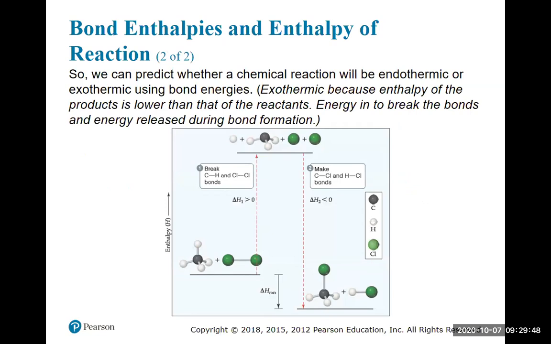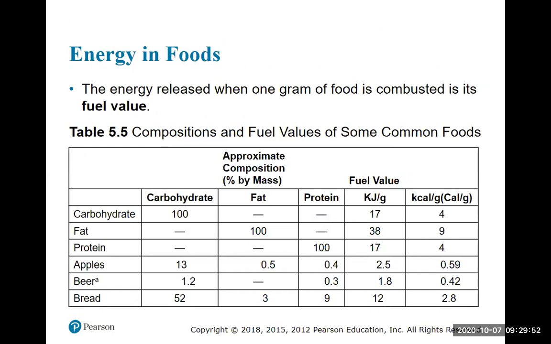So we could use this information to predict what's going to happen. I think it works sort of, but a couple of things I just want to talk about: in food, you hear about energy and food and all that.